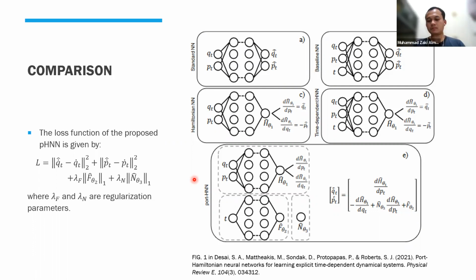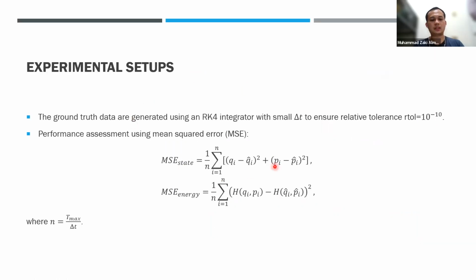So after this, some of the experiments that they did, and the setup is like this. The ground truth data are generated using a Runge-Kutta fourth order integrator with very small time steps.